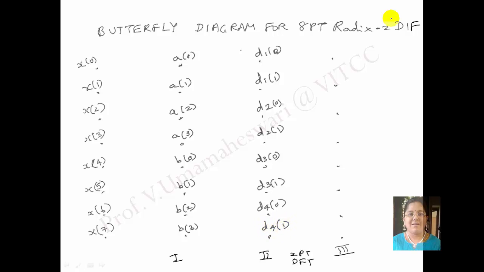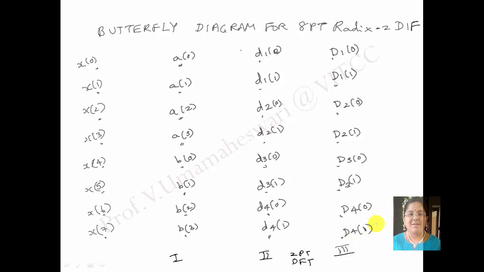And the final stage obviously will give the 2-point DFT of D1, D2, D3, D4 of n, which will be D1 of k, D2 of k, D3 of k and D4 of k. So capital D1 of 0, D1 of 1, capital D2 of 0, D2 of 1, capital D3 of 0, D3 of 1, then capital D4 of 0, D4 of 1.